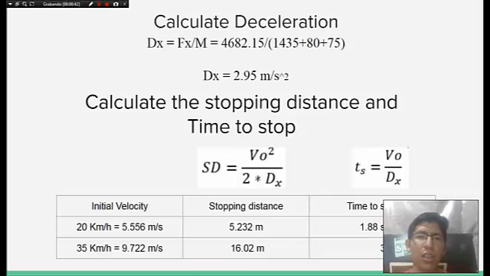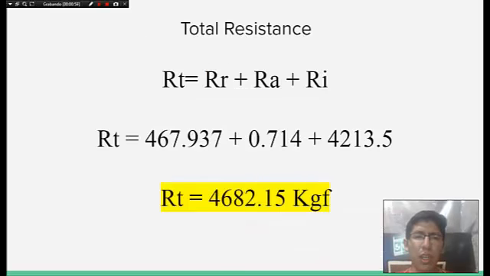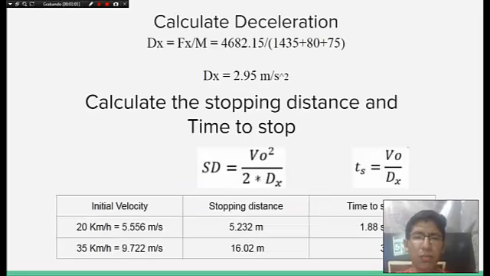Continues: calculate the deceleration. Deceleration is force divided by mass. The force is the total resistance.